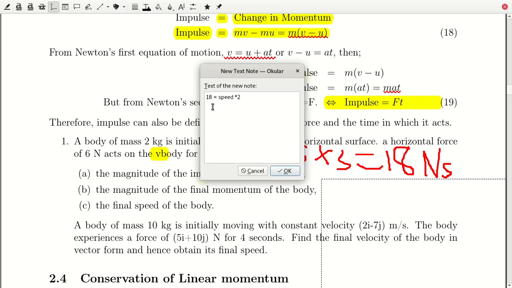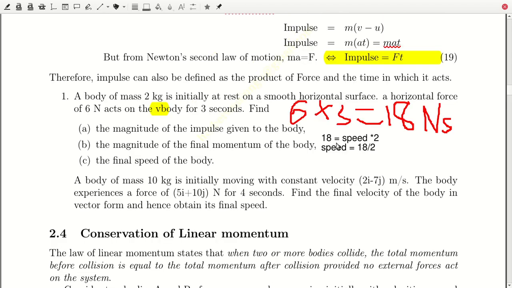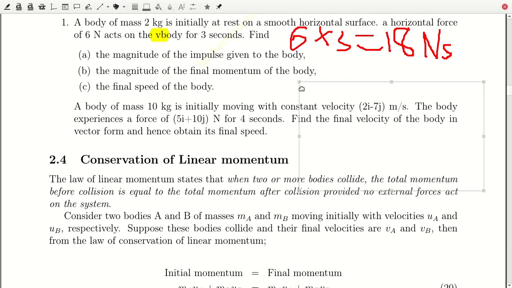So if you divide by 2 on both sides, you get the speed as 9.